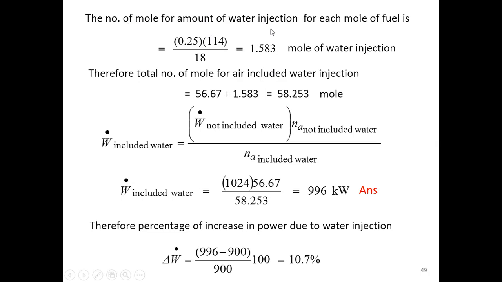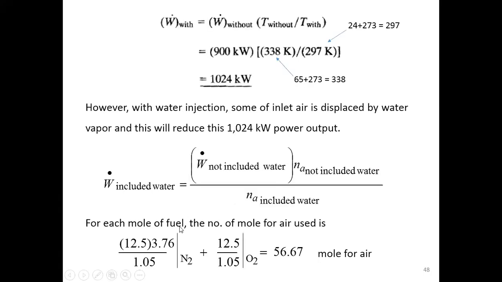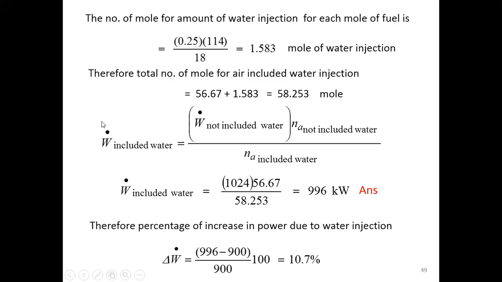This is something we have to calculate in terms of moles, based on each mole of the fuel. That means we have 0.25 times 114. This is the amount of water. In terms of moles, it's going to be 1.583 moles of water for each mole of the fuel, same as this one for each mole of the air. So the total number of moles for air including water will be this.